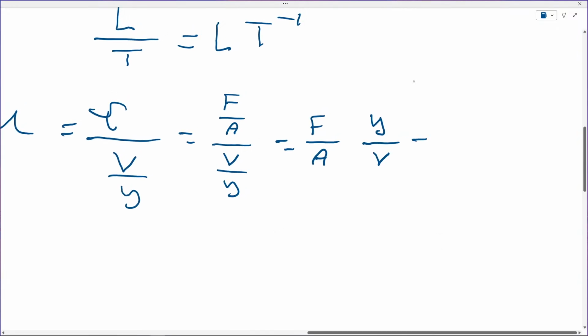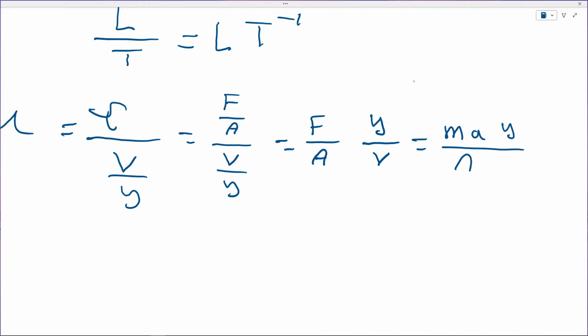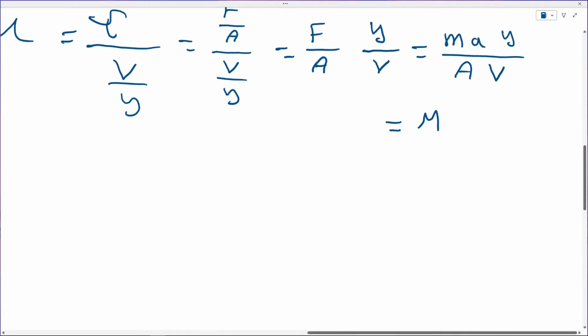Yes, we can simplify this more, because we know force is mass times acceleration, times y, a distance, over area times a velocity. So we can write the dimension of this. What would be the dimension of this? Mass is M. Acceleration, do you remember acceleration?